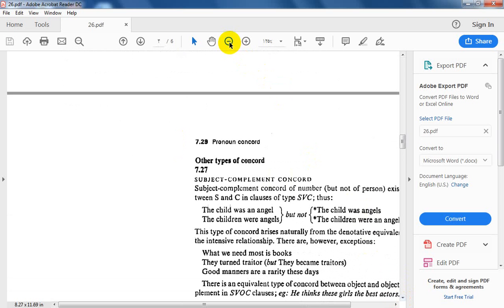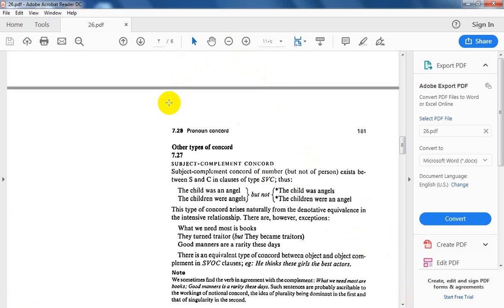So, I end the part concerning the main types of concord. I have other types of concord. The first one is subject complement concord, which is a concord of number but not of person.